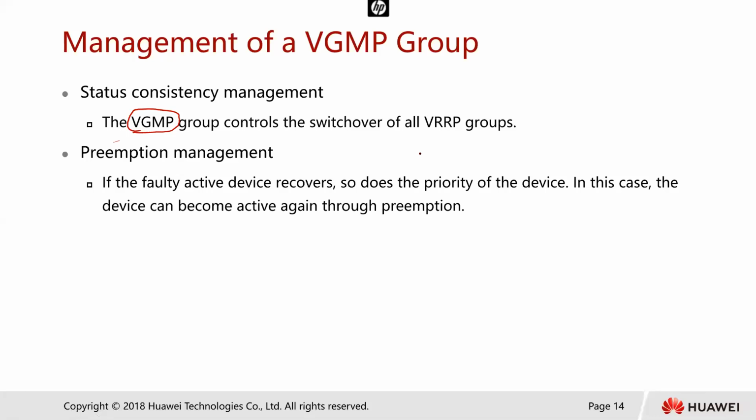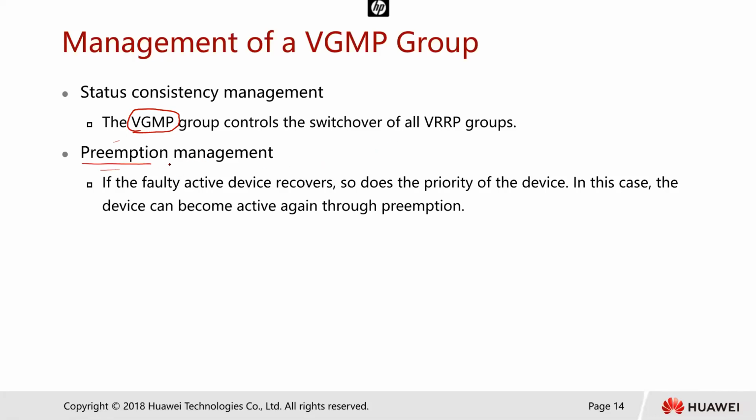You know what? I have assessed your requests, and now I go ahead and permit you to do the switchover, become the master, and the other guy becomes a standby. Therefore, after an active VRRP group is added to a VGMP group, its status cannot be switched separately from the group.